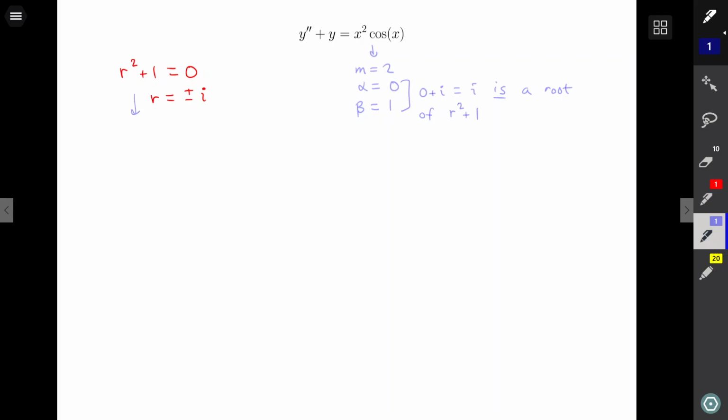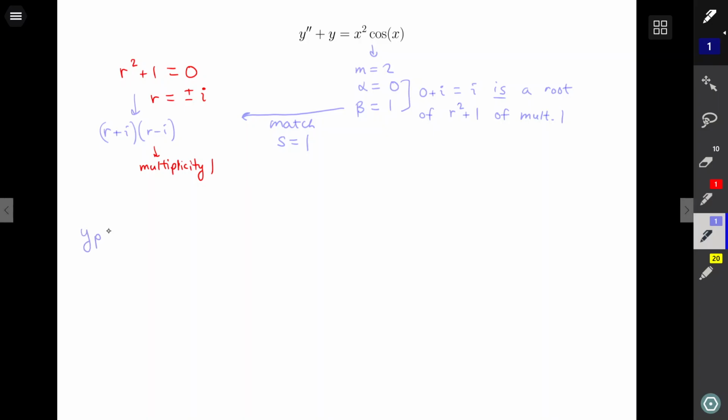And remember, r squared plus 1 is r plus i times r minus i. And so that means that there is multiplicity of 1. And that means that there's a match and that s equals 1.